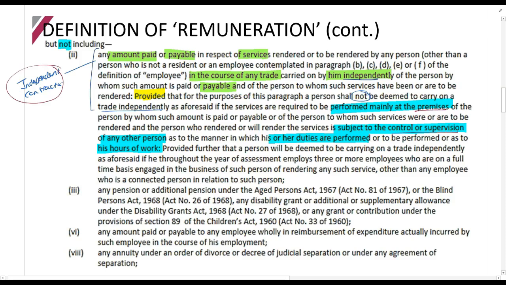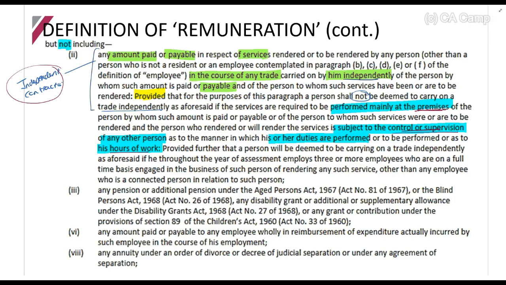Now, I'm going to keep using my example of a plumber. If you call a plumber out to come to your home, then they come and work at your premises, you control them, and maybe you tell them when to come to your home. So does that mean that they're not independent contractors? No. You need to look at basically what the person earns, and from whom they earn it.